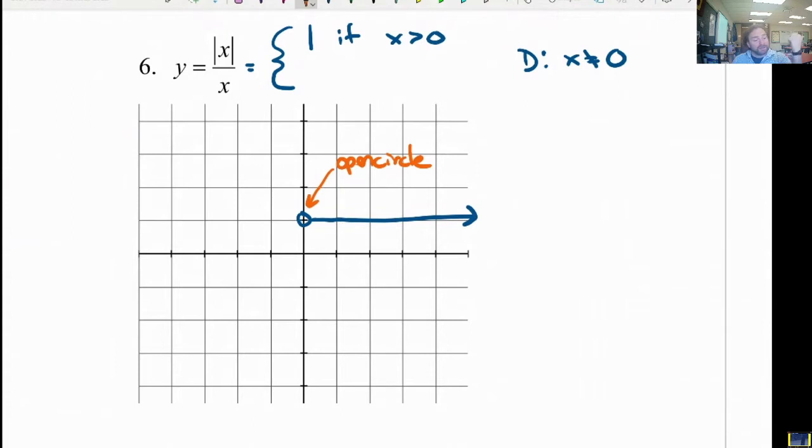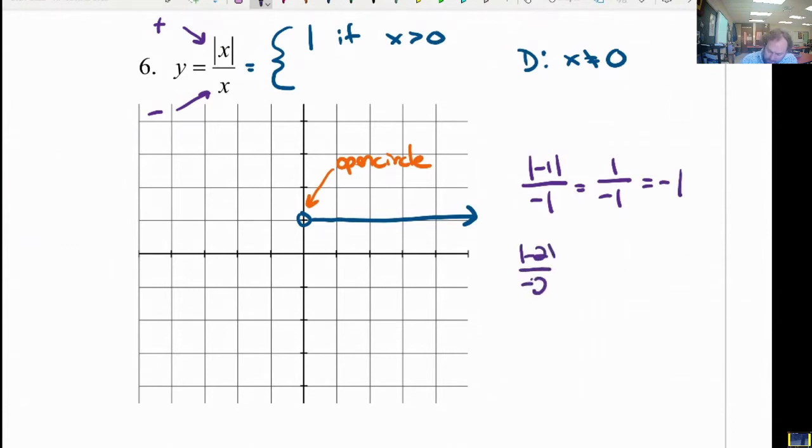Now, what happens if you go negative? You get the same behavior, but this number is always positive, and that number now becomes negative. So, for example, negative 1, you have the absolute value of negative 1 divided by negative 1. Well, that's positive 1 over negative 1, which is negative 1. The same thing happens with pretty much every other number. You get positive 2 over negative 2, which is also negative 1.